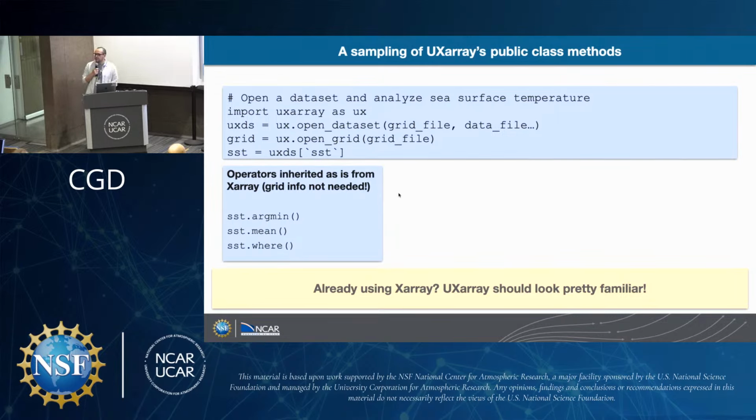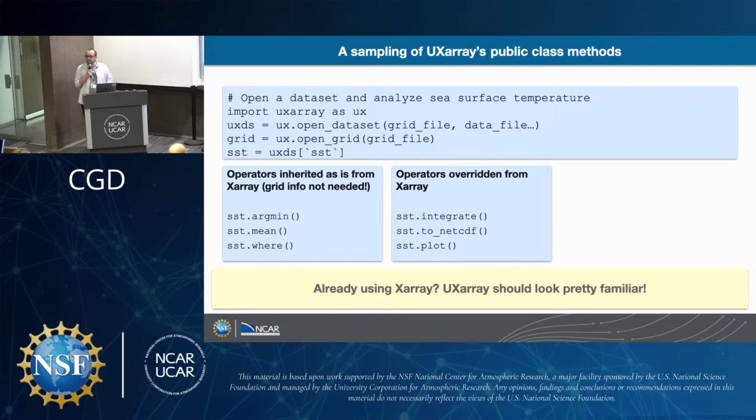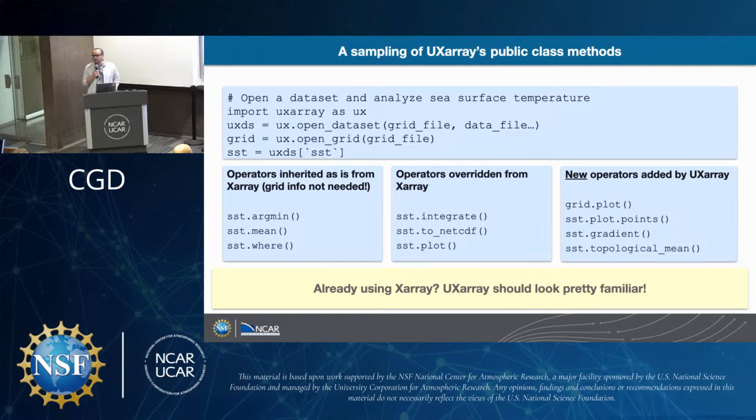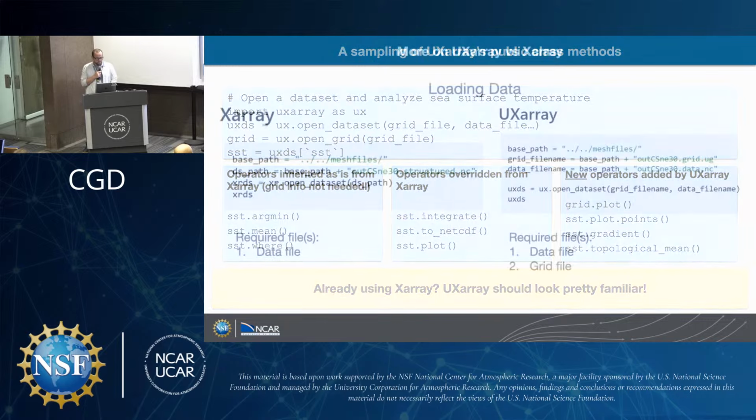Then the rest might be either the direct use of Xarray built-in functions, which can be applicable to unstructured grids as well, from maybe a statistics perspective or things similar, or we are overriding some of them to make them actually properly work on unstructured grids. And also there is functionality that we have been adding into UXarray which is not in the Xarray API. So if you have been familiar with Xarray for several years, you shouldn't be feeling any distance to UXarray workflows as well.